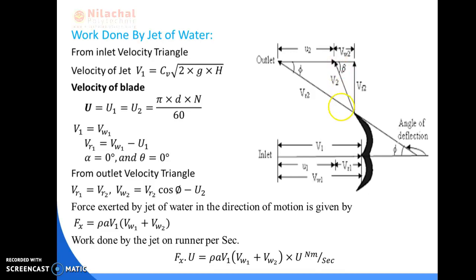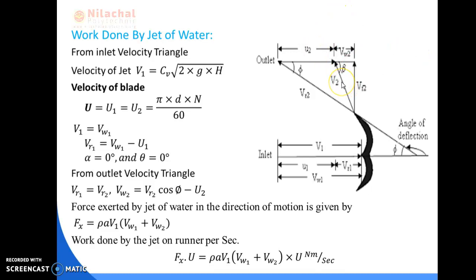Now we know that if two vectors are simultaneously acting at the tip, the third side will be the closing one taken in opposite order. So Vr2 and V2, the difference between the Vr2 line intersection point and the V2 line intersection point, gives us the velocity of blade, U2, that is the velocity of blade at outlet.